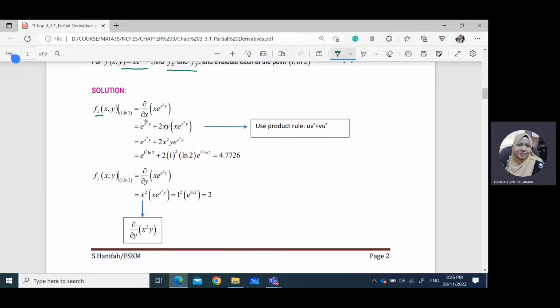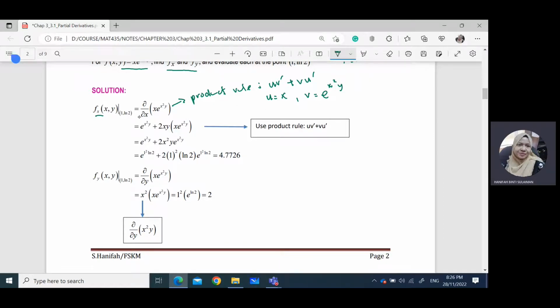Okay, so how do we get this answer? Here we use the product rule. As you know, the product rule is u v prime plus v u prime. So let u be x and v be exponent x squared y.